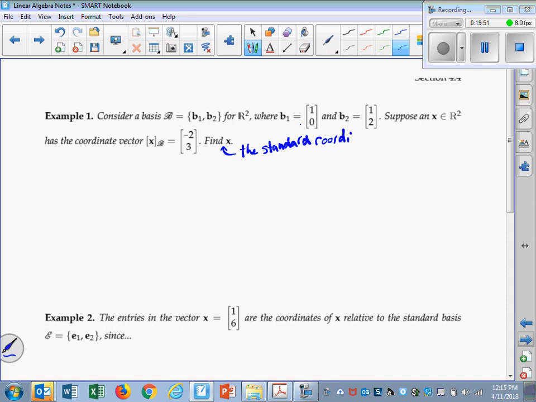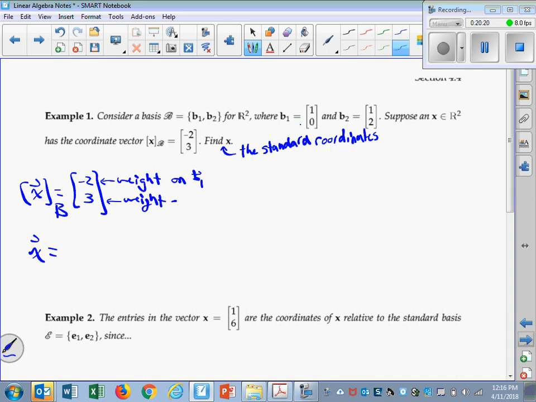Okay, well, they told me that x in terms of the basis b is -2, 3. Well, what that means is the vector x is really just, this is the weight on b1, and this is the weight on the second basis vector, b2. So that means x is really -2b1 plus 3b2.